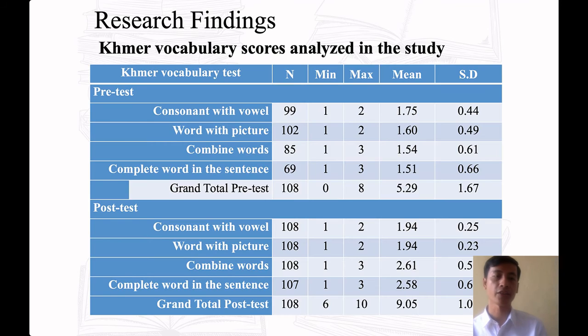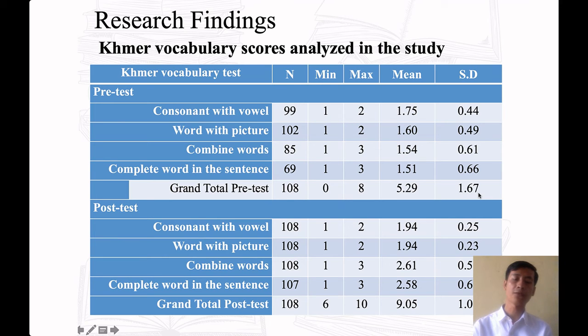Here is the research question number 1. Okay. Khmer vocabulary score analysis in the study. In the pre-test, the students got a mean of 5.29 and a standard deviation of 1.67.